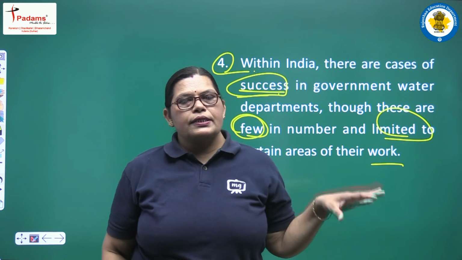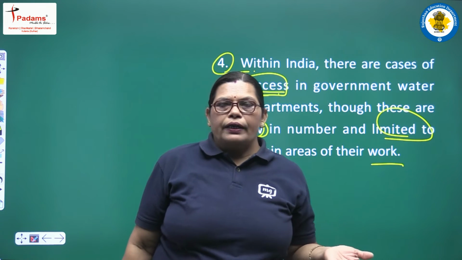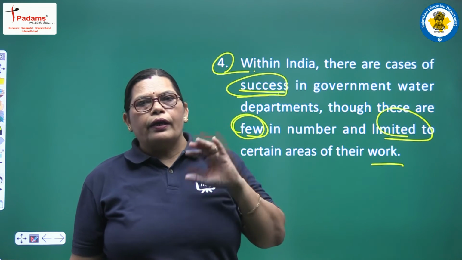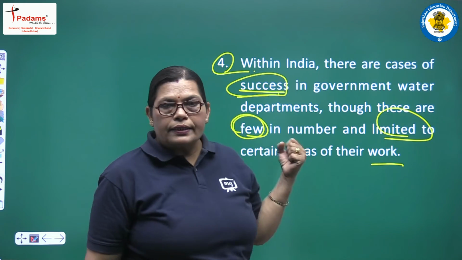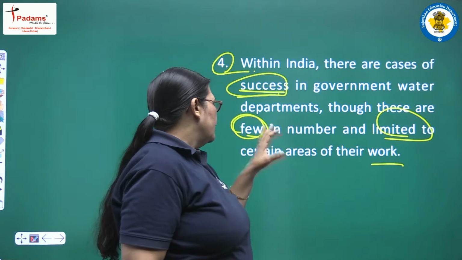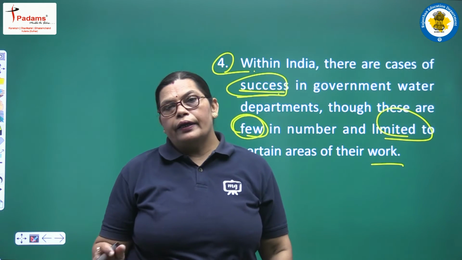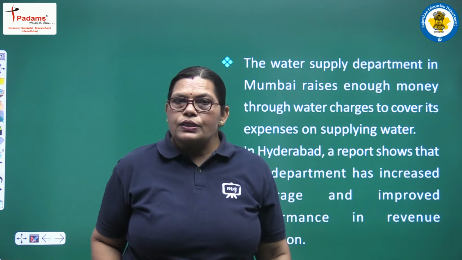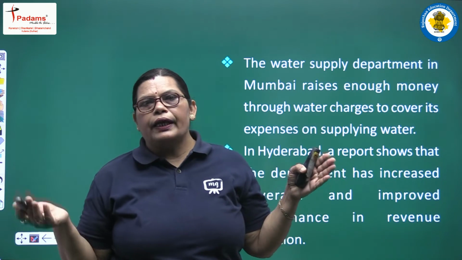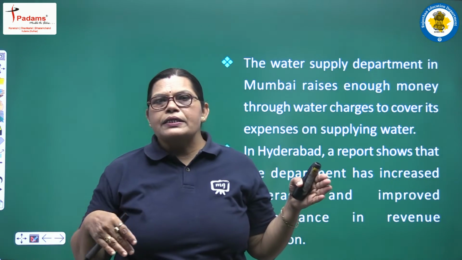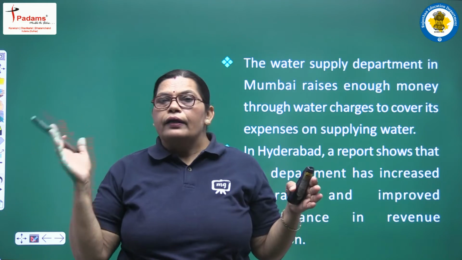It's okay, success by the government in water supply is there, but not in a maximum way. Only a few successes are there, and only in limited areas. This is the main thing we are considering about the government sector's water supply and the private sector's water supply facilities.